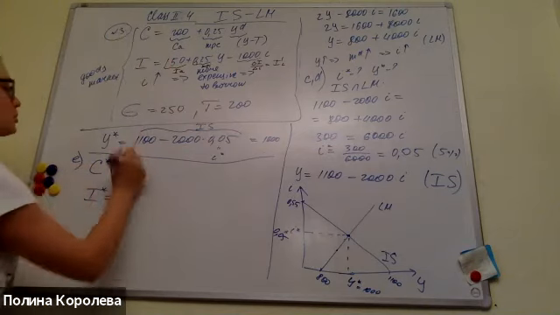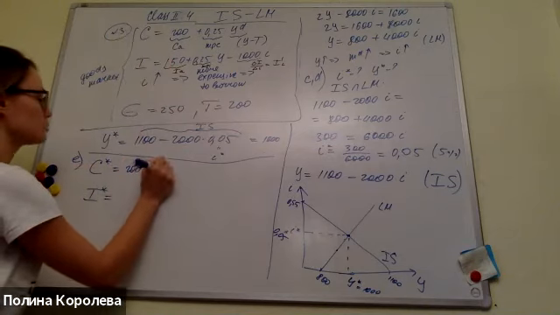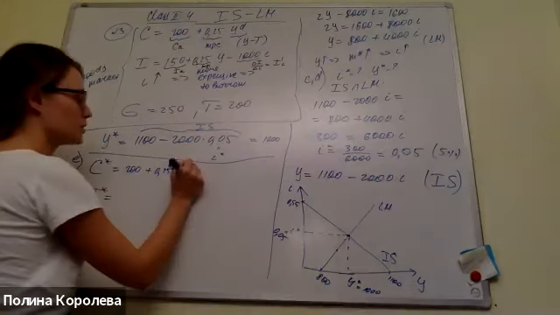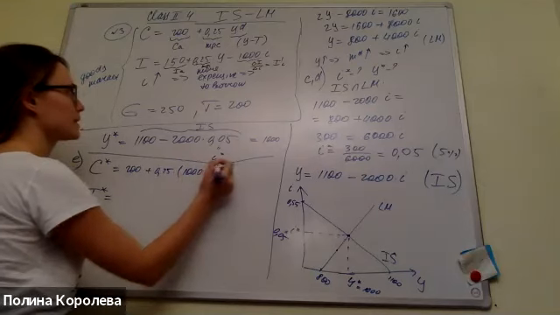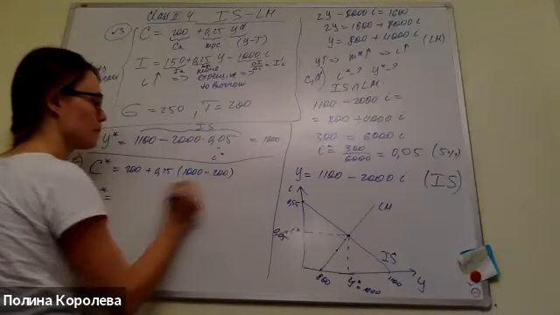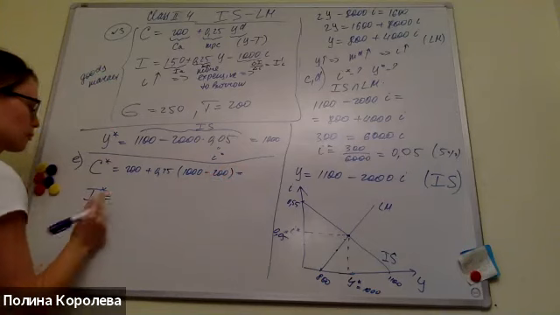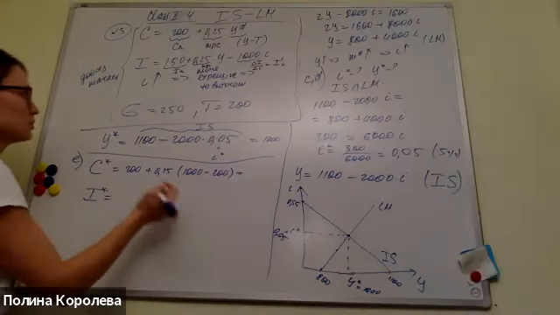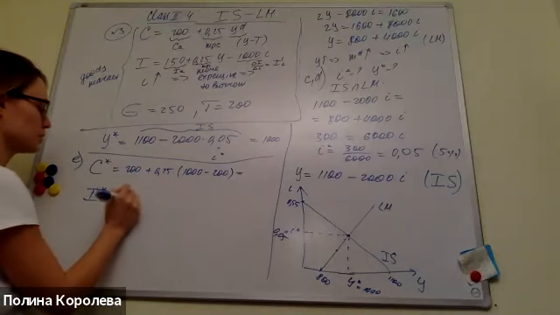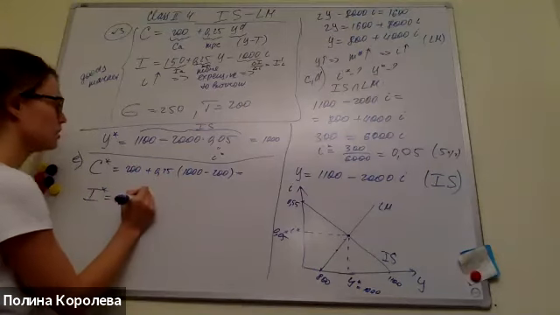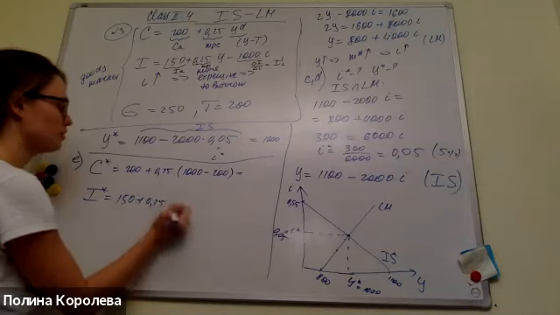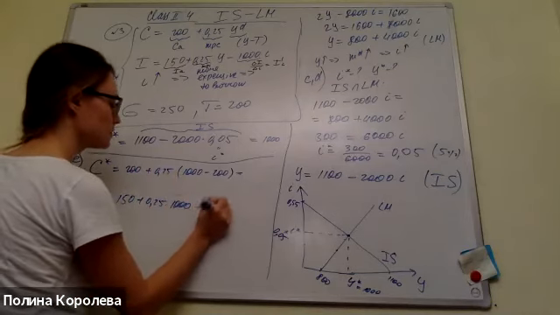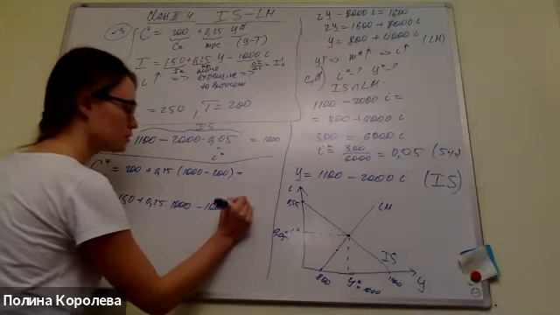So consumption: 200 plus 0.25 multiplied by equilibrium GDP 1,000 minus taxes 200. And investments, also let's put into the formula: 150 plus 0.25 equilibrium GDP 1,000 minus 1,000 multiplied by the interest rate.